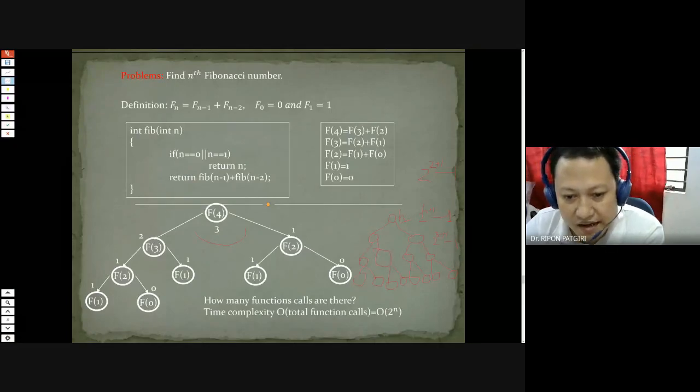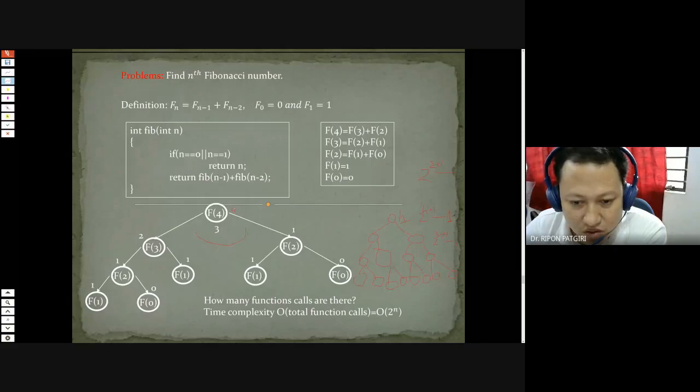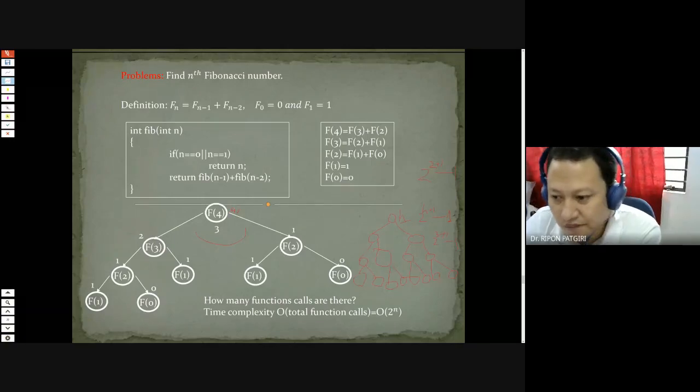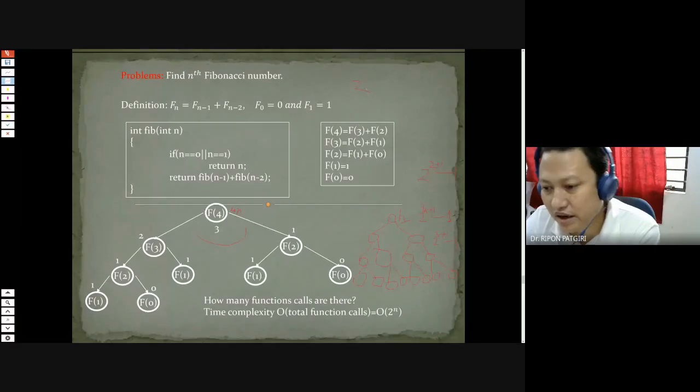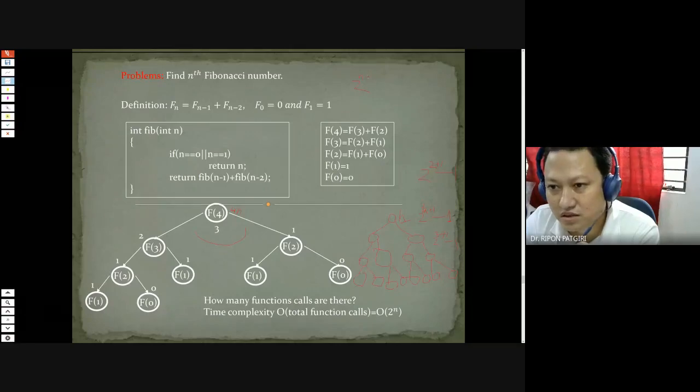So here in this case, it is height h. So what is n? n is 4 here. So we are replacing h by n. Here 2 to the power h, replacing h by n, plus 1 minus 1.